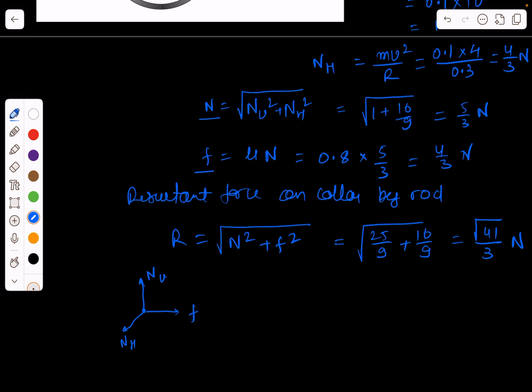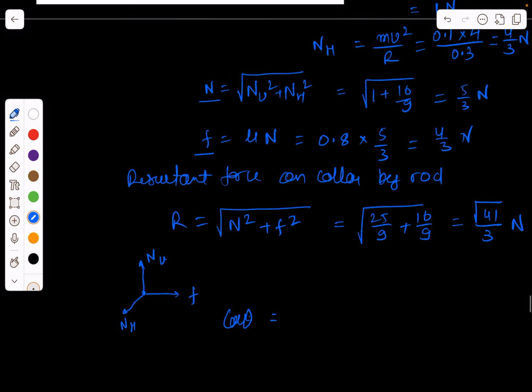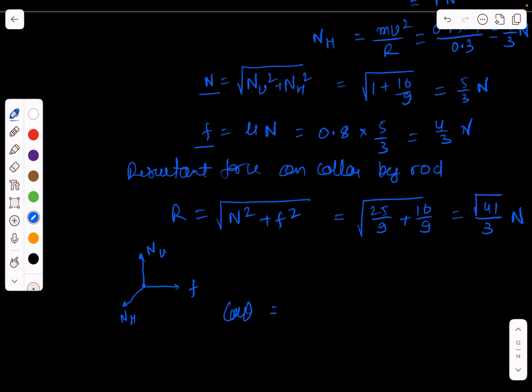So we can say that if theta is the angle that the resultant of these forces makes with the vertical, then of course cos theta we can write as, the vertical component will be due to NV only, upon the resultant of all the forces.